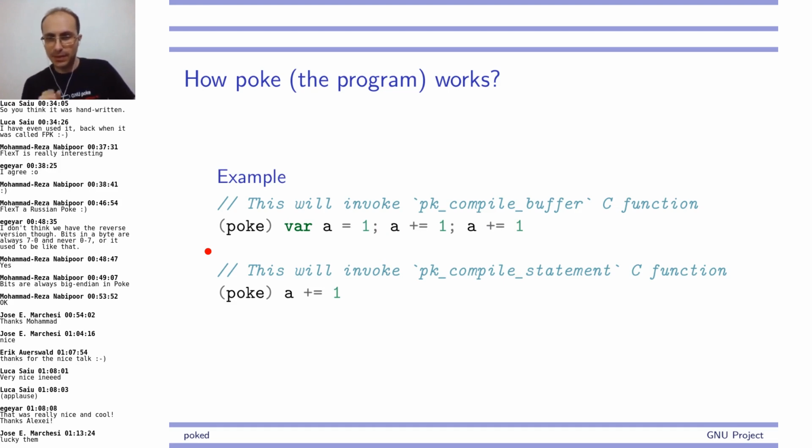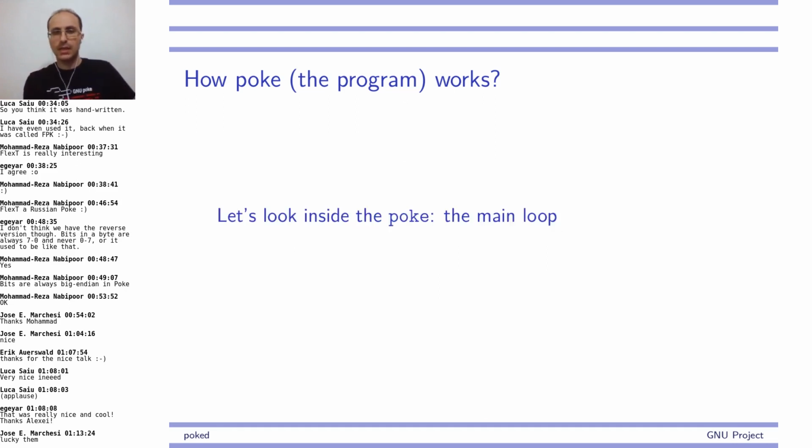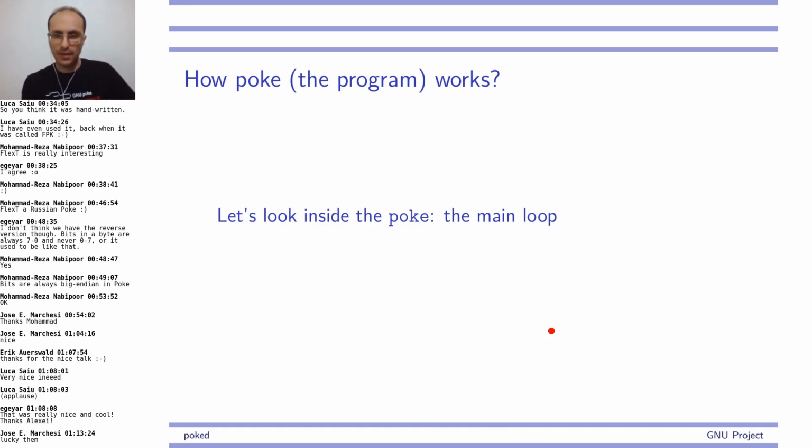But the second example, a plus equal 1, will be given to pk_compile_statement because the line does not start with var, type, unit, or func. As a consequence, the third example will be an error because we are putting two statements in a single line, which is invalid. You can only put one statement. So you see the limitation: everything should be in a single line, and you cannot have two statements.